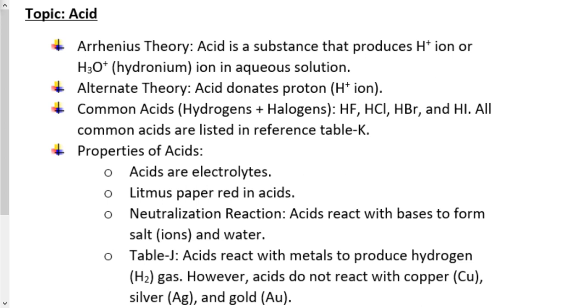And also, please don't forget to look back at Reference Table K. We're going to talk about properties of acids. And as we talk about those properties, it is good for you to write them down and review them later. You're going to be answering a bunch of questions related to this topic.